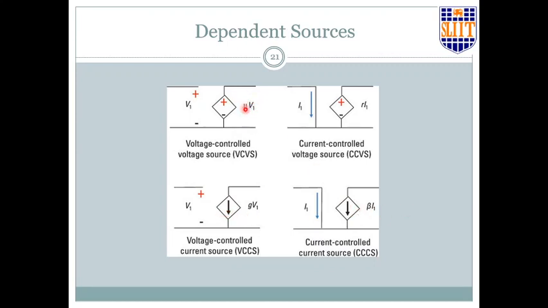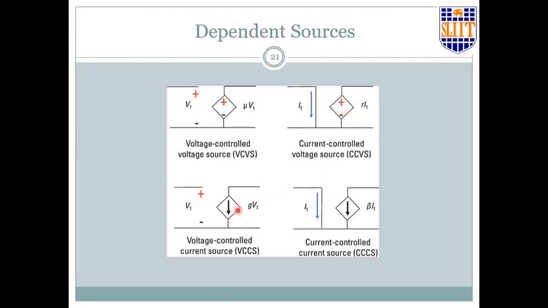This is a voltage equation, meaning that the voltage of this is controlled by another voltage, in this case V1. Here it's a current that controls the voltage of this voltage source. Now this is a voltage source, but you have a current relationship, so that does mean that this current I1 controls the voltage of this.